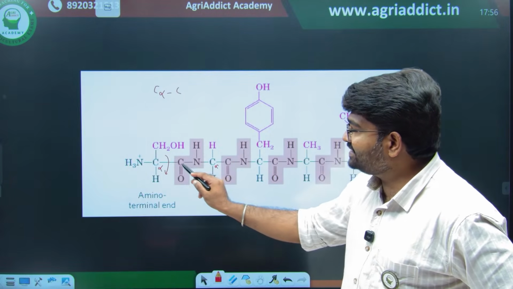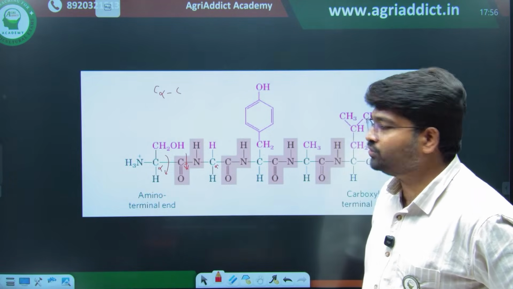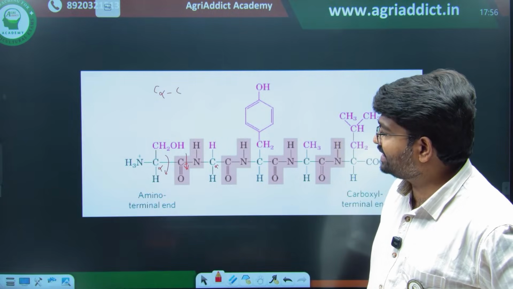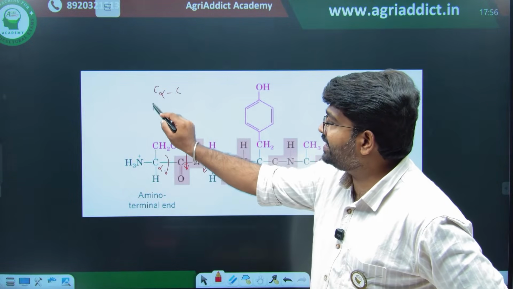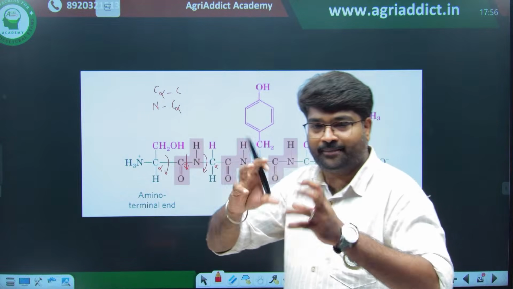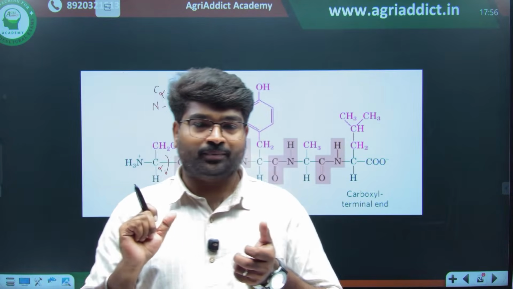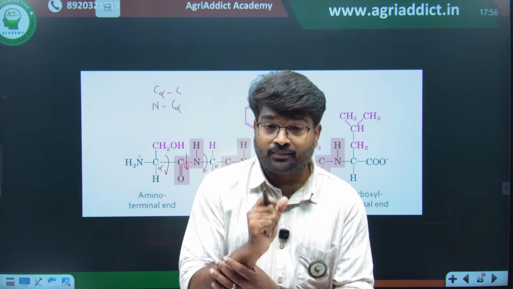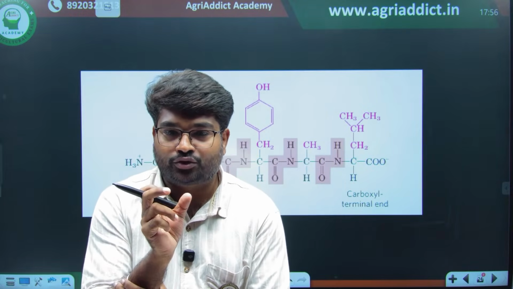This C-N is what? It's a double bond in nature, so rotation will be almost restricted. But if you see here, the N and C alpha bond can also rotate. It can rotate 360 degrees. Based on this rotation, which angle should be there?